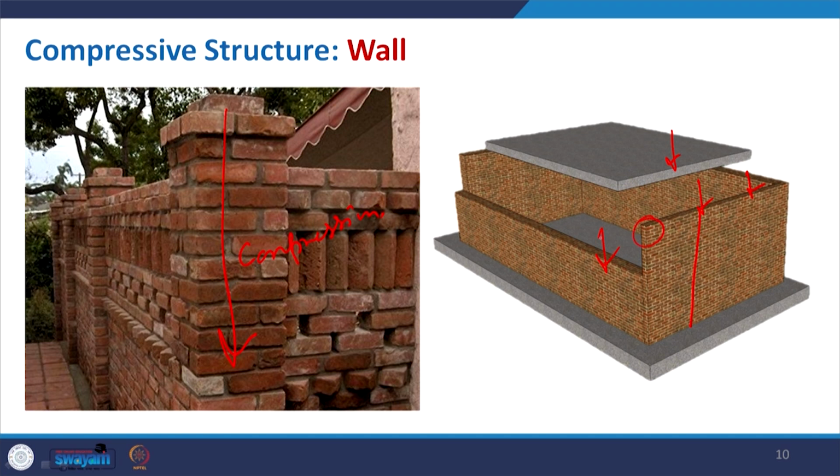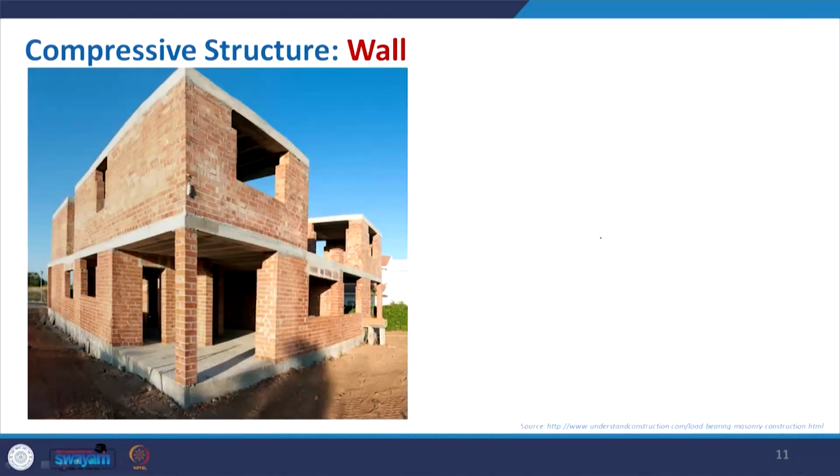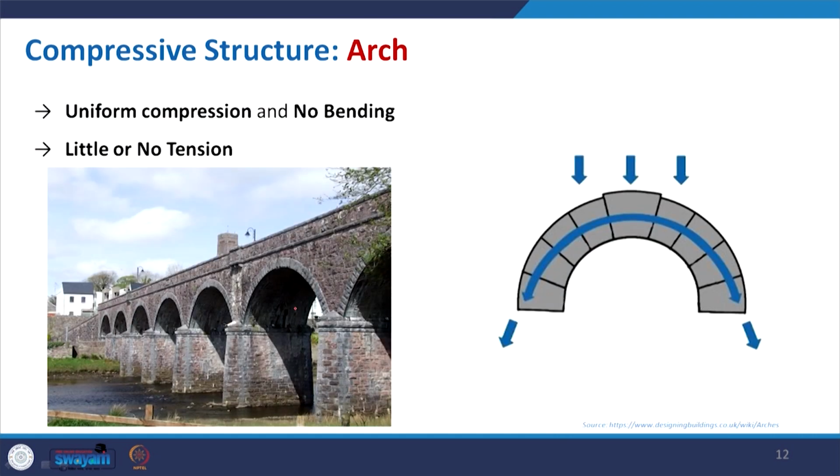In this case the wall acts as a compressive structure and takes the load. This is another example of a load bearing structure, where the load of the slab is carried by this wall and transferred to the foundation. So, this is another example of the compressive structure and wall.